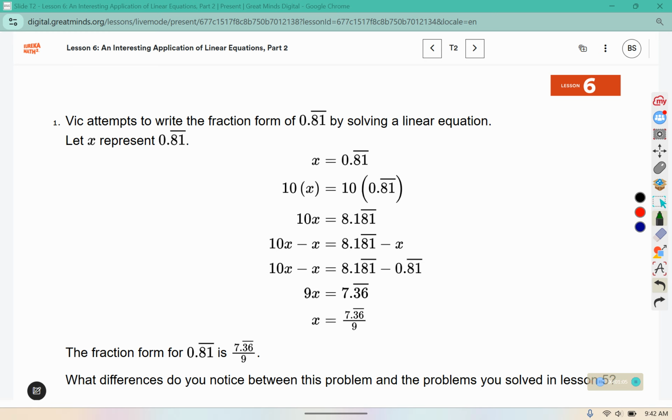What differences do you notice between this problem and the problems we solved in lesson 5? This is still written as a repeating decimal. It's not written as a regular fraction.